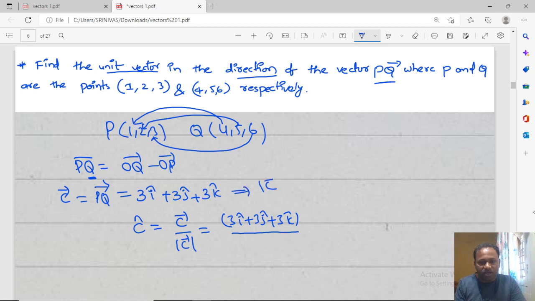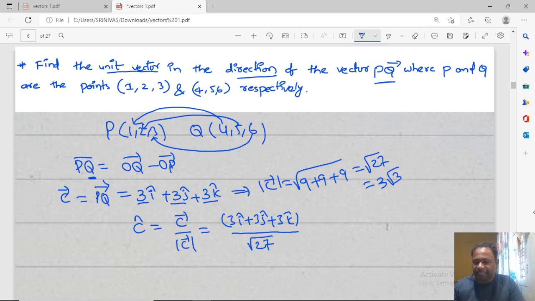How can we write the modulus? Under root of 3 square, 9, plus 3 square, 9, plus 3 square, 9. How much? Root 27. Let it be, I will write here root 27. We can write this root 27 as 3 root 3.